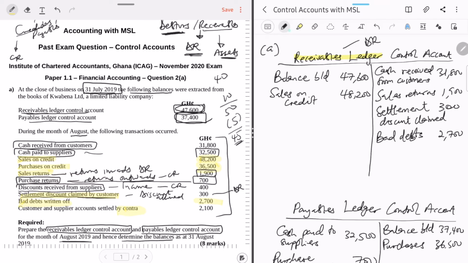And I told you the payables ledger control account has a credit balance. What it means is that if you want to enter a contra on the receivables ledger control account, it will be on the opposite side, which is the credit. Same way, if you want to enter a contra on the payables ledger control account, it will be on the opposite side, which is the debit side.